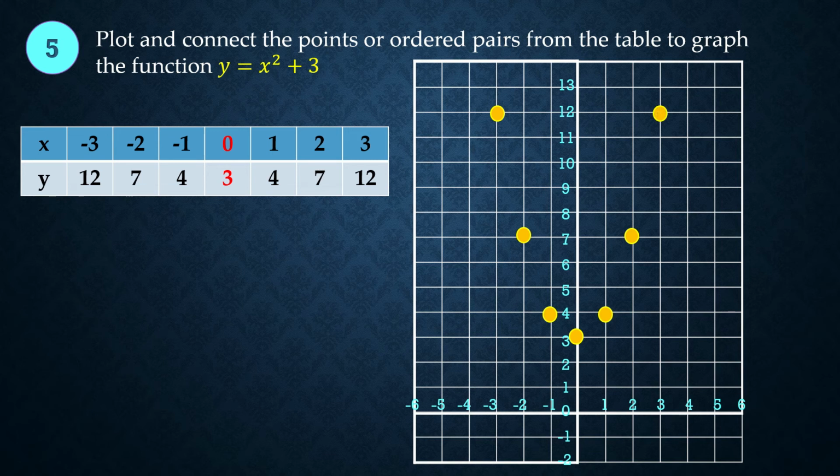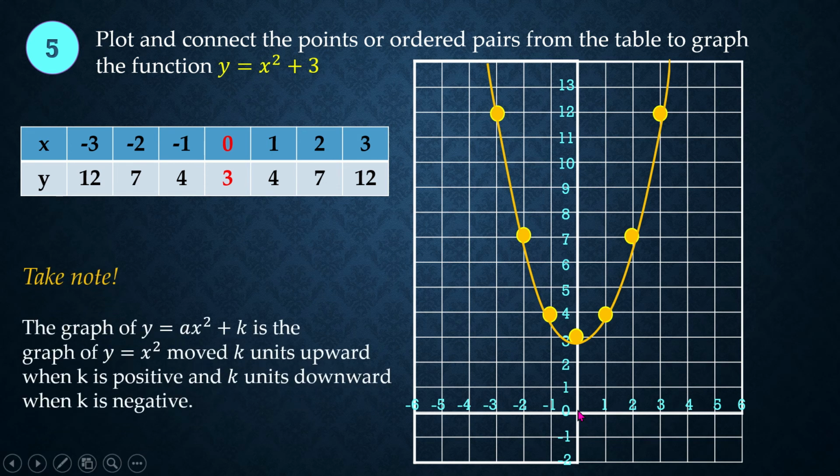So when we connect the points, it will give us a graph of a parabola facing upward. The vertex is 3 points above the origin. Take note. The graph of ax squared plus k is the graph of the parent function in example number 1, moved k units upward when k is positive.